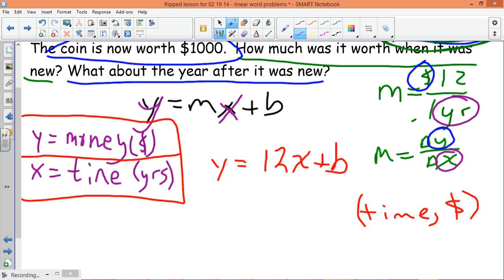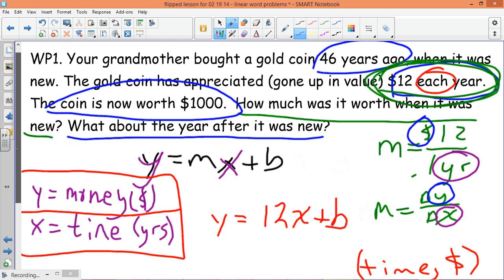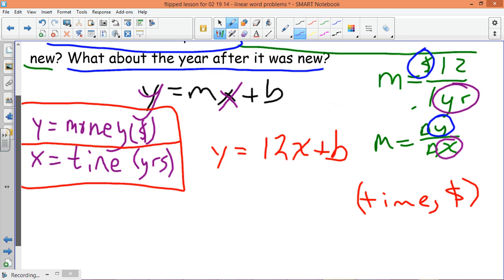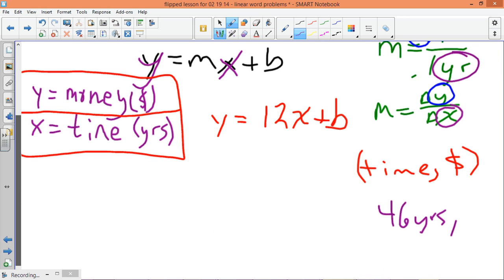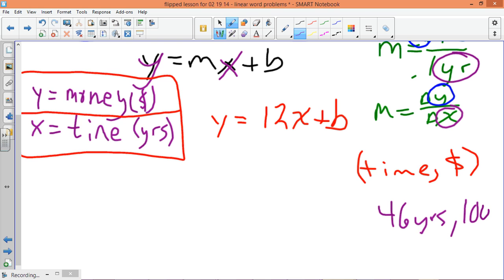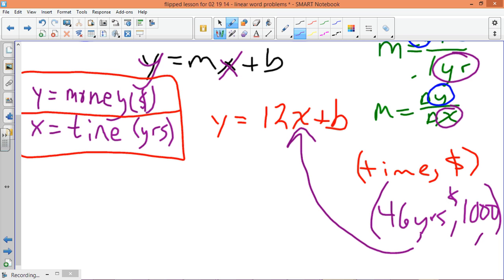And so one point that I know exists on this linear equation is 46 years, comma, how much is it worth now? $1,000. So this is one point I have, and I can plug this in temporarily for x and y in order to figure out what b is.